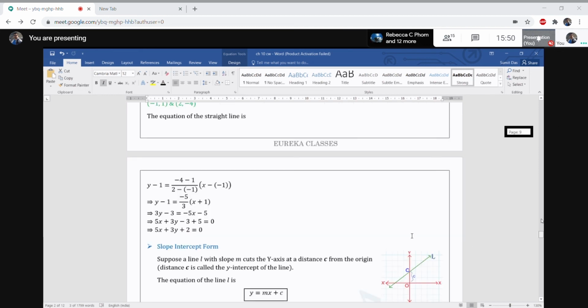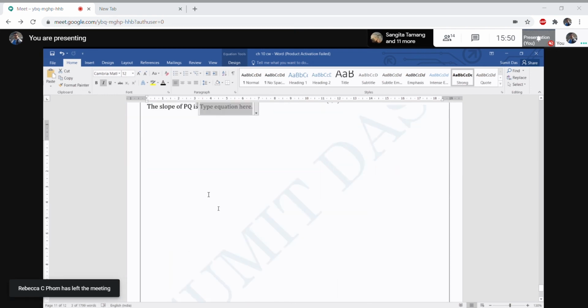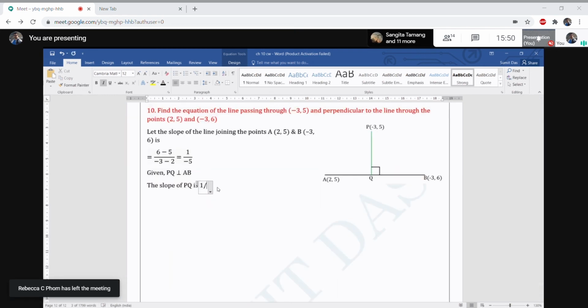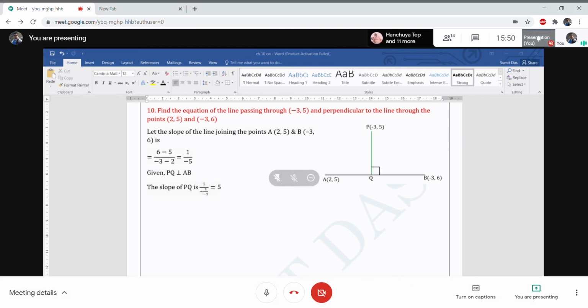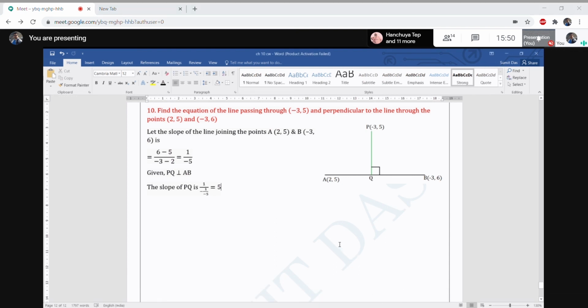So here it will be 1 divided by minus 1 by minus 5, so minus minus cancel, it will be 5. We have to remember that all the time. Perpendicularism and parallelism are very, very important things. So the slope of PQ we got is 5.